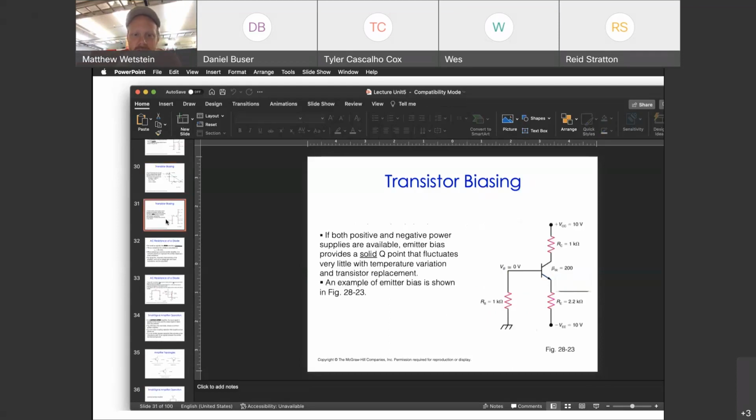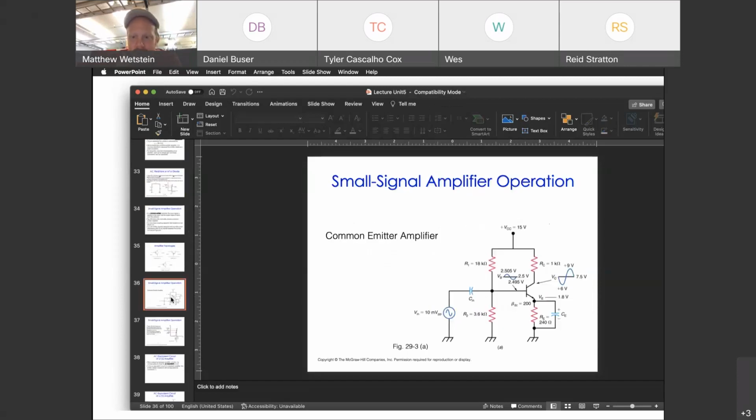And there are different ways of biasing it. The base bias is the simplest. The more complicated one, but very useful one, is the voltage divider bias. I'll remind you that the way the voltage divider bias works, to some approximation, you can just take the resistors and treat them in isolation and say I've got 15 volts split between 18 kiloohms and 3.6 kiloohms, and then figure out what this voltage is.